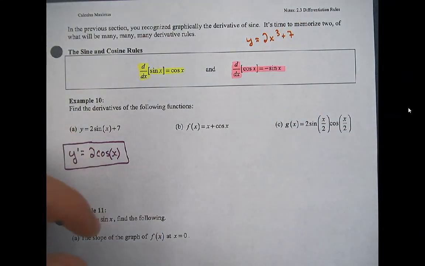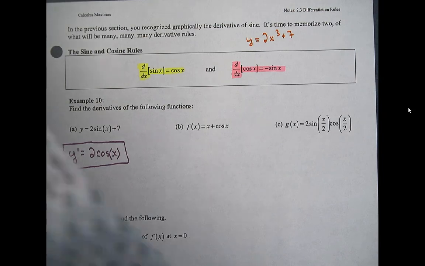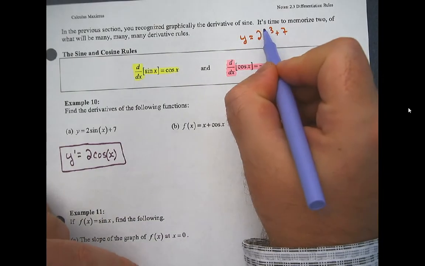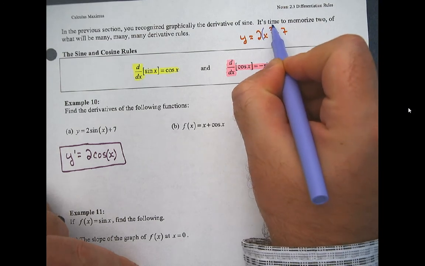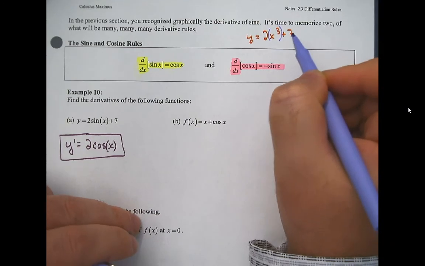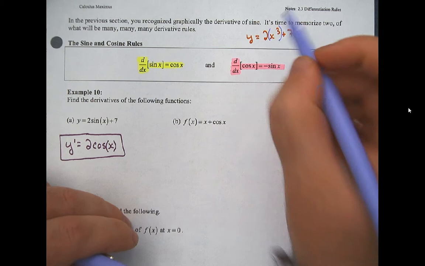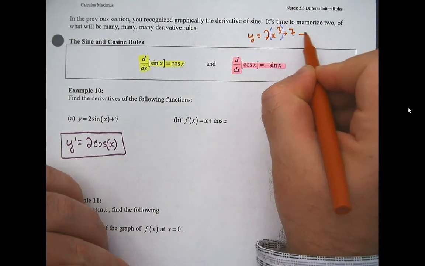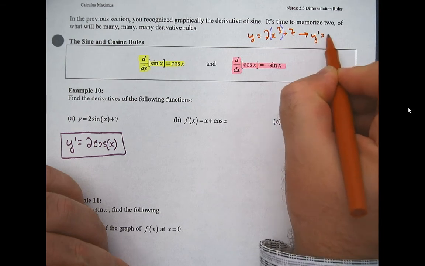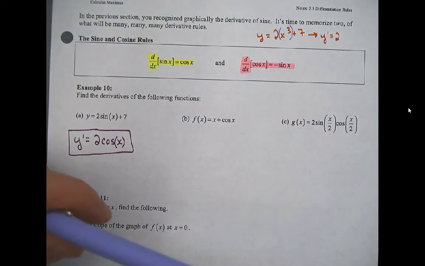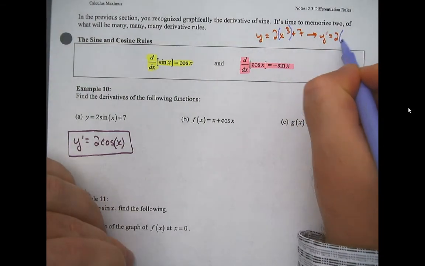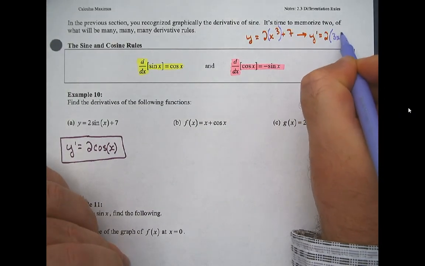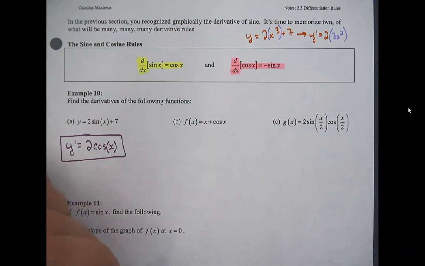Another way to think about this is that the 2 is multiplied by a derivative on its own. So y prime is going to be equal to 2 times, what's the derivative of just x cubed? 3x squared, and then the plus 7 falls away.